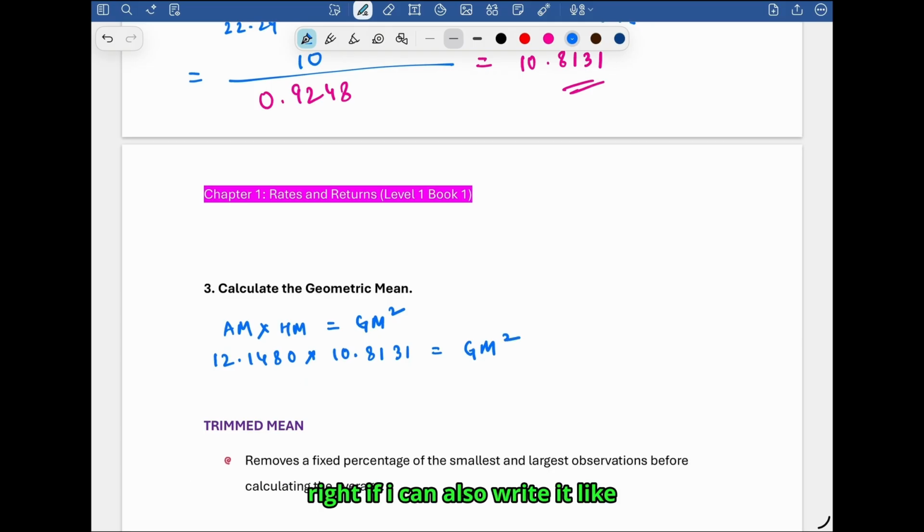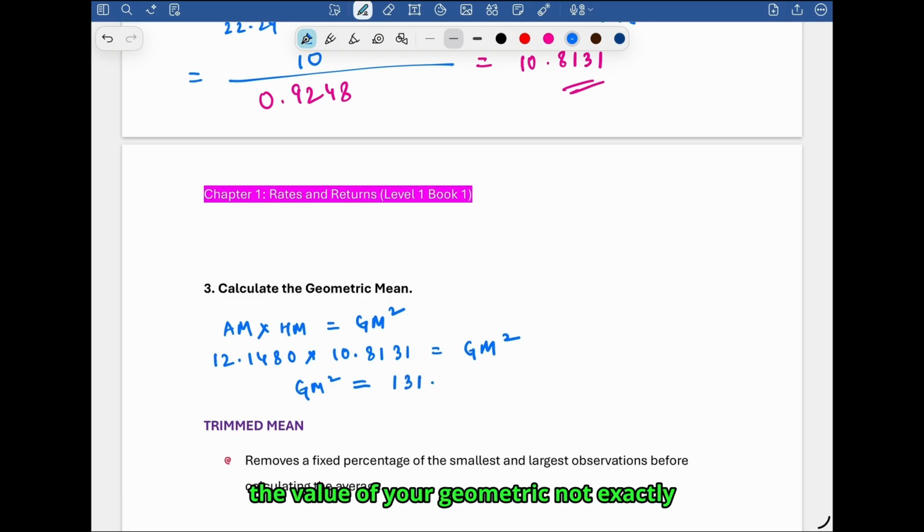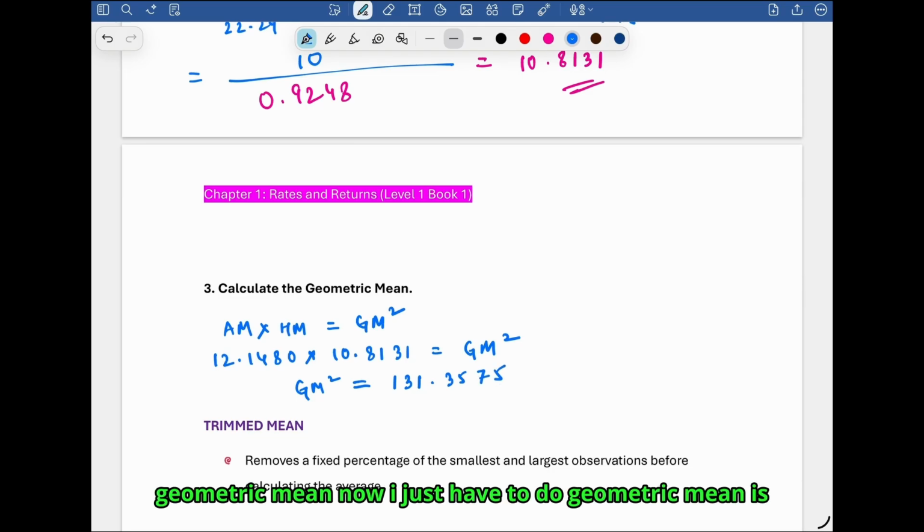If I can also write it like this, GM square is equals to 12.1480 into 10.8131. So this is the value of not exactly geometric mean.